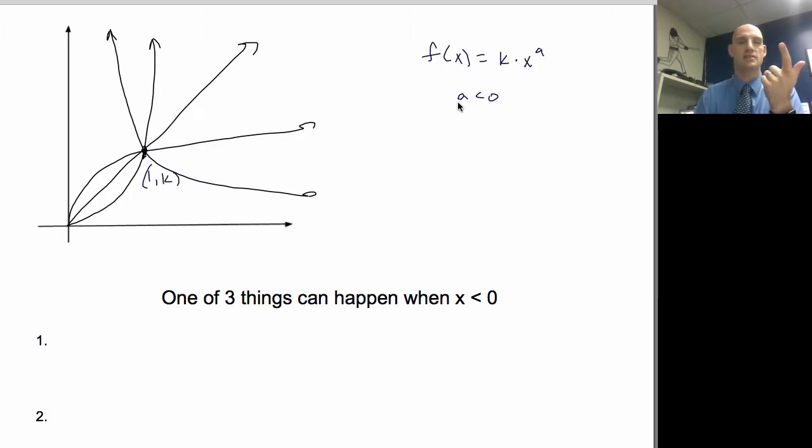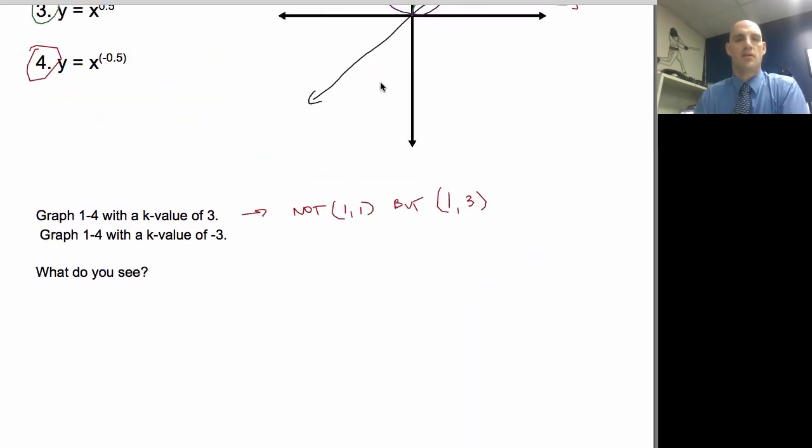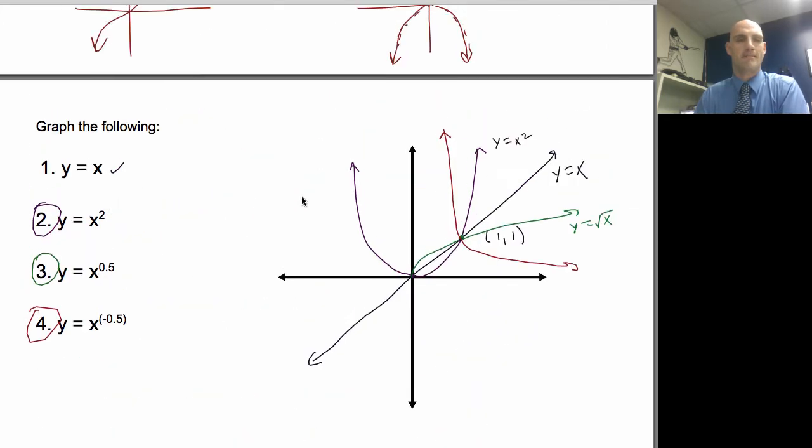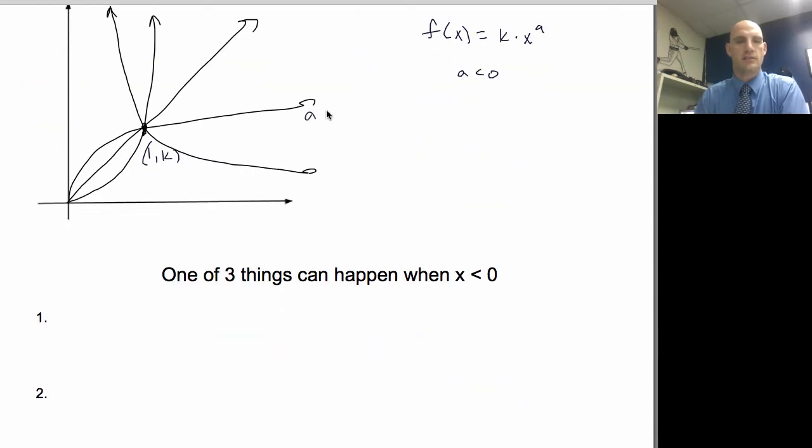If a is less than 0, meaning that 0.5, check it out. So up here when k was 0.5, the green one, this is what it's going to look like. Oh no, I'm talking about a less than 1, a is less than 1 but greater than 0.